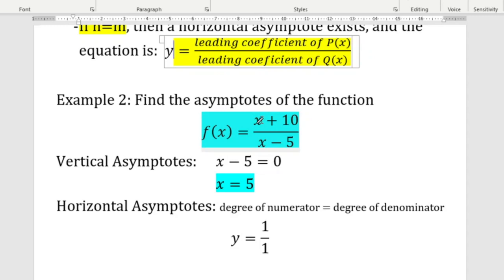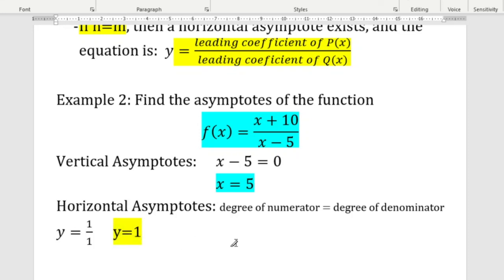Thus, the leading coefficient of the numerator is 1, and the leading coefficient of the denominator is also 1. Then we have y is equal to 1 over 1, and we have now the equation of our horizontal asymptote, y is equal to 1.